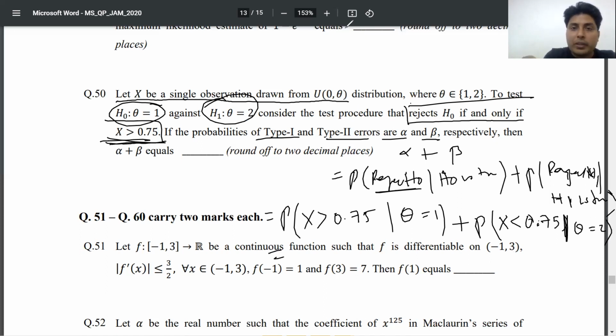Now we have been given the distribution, uniform.